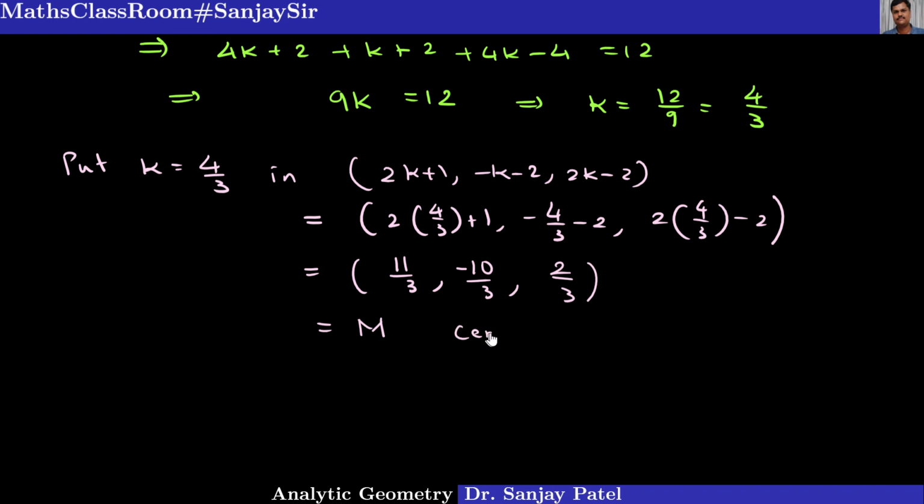So that is the center of the circle of intersection. So you obtain the center, and the radius was already obtained. The radius of the circle, which I think was 3.